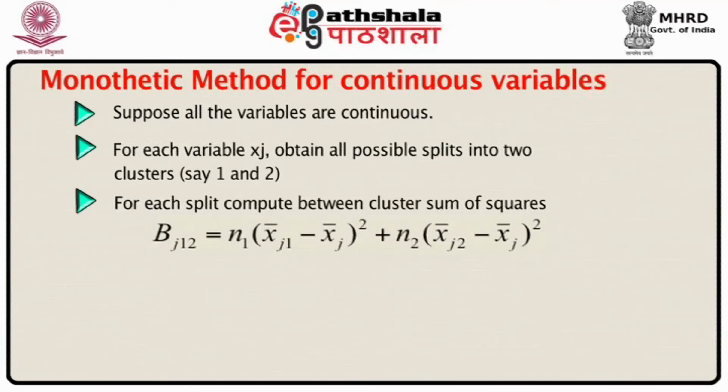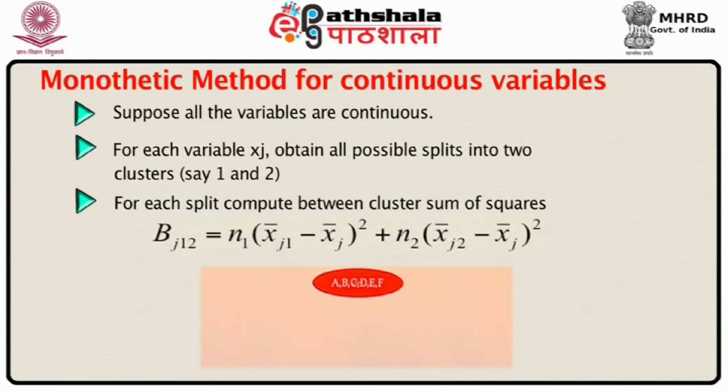Bj between clusters 1 and 2 is n1, the number of members in that cluster, times (xj1 bar, the mean of that cluster, minus the grand mean) squared, plus n2, the number of members in the second cluster, times (xj2 bar, the mean of that cluster, minus again the grand mean) squared. So this is the difference in the sum of squares between the two clusters.